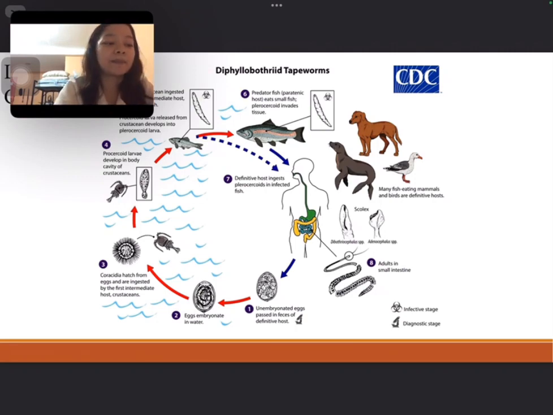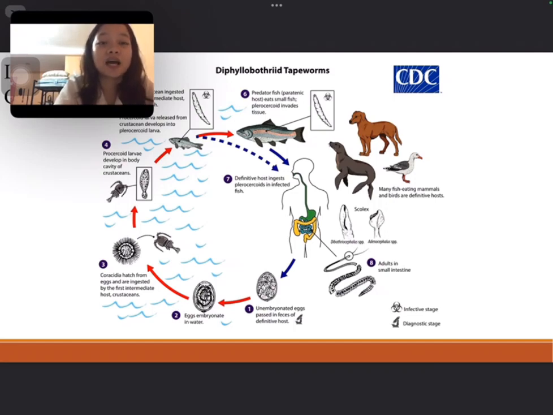However, the life cycle of D. latum also involves intermediate hosts, particularly freshwater copepods and fish, which is what I have said earlier. In freshwater environments such as lakes, rivers, and streams, D. latum's eggs pass in the feces of infected humans and contaminate the water.